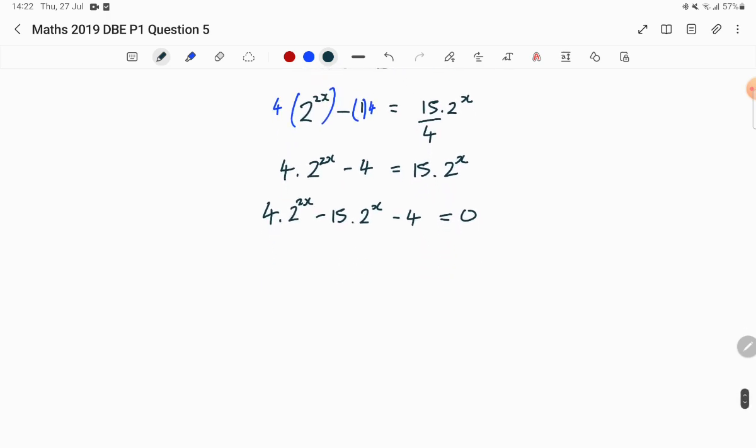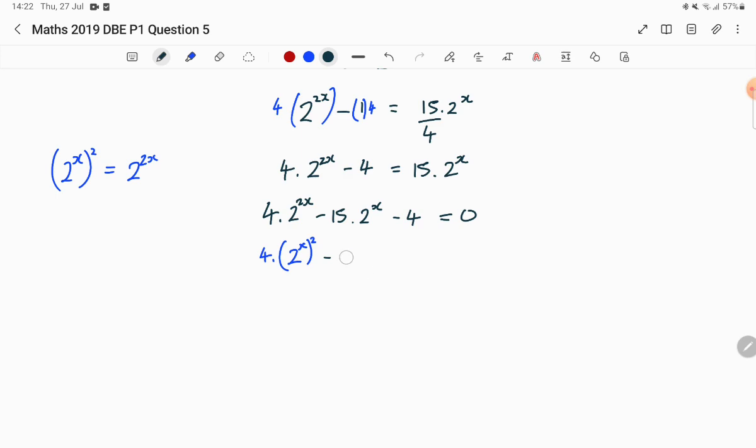So to make our life easier, we can introduce a k method here. So firstly, let's modify this expression. It will be 4 multiplied by 2 to the power x, squared. Right, so 2 to the power x all squared is the same thing as, this is our power rule, an exponent to an exponent is just multiplied together. So what this does is it allows us to make our bigger power or bigger degree of exponent look like the smaller power to allow us to use the k method.